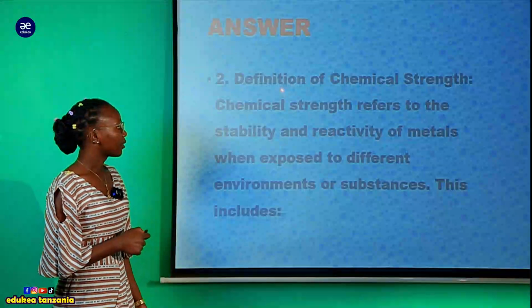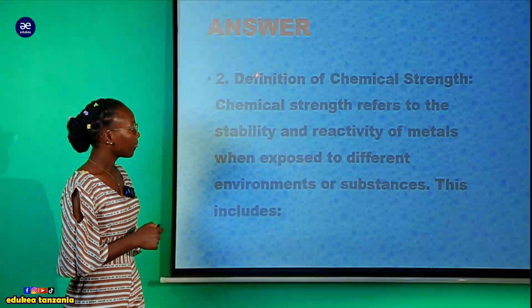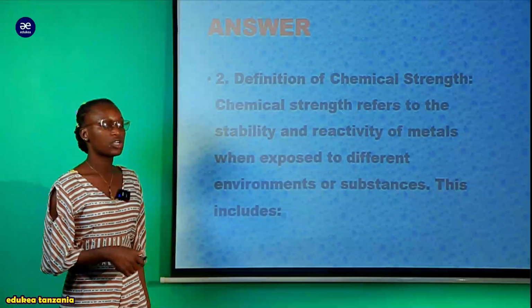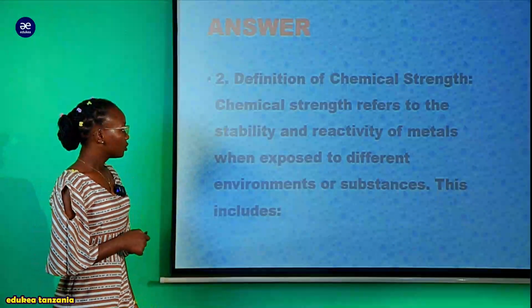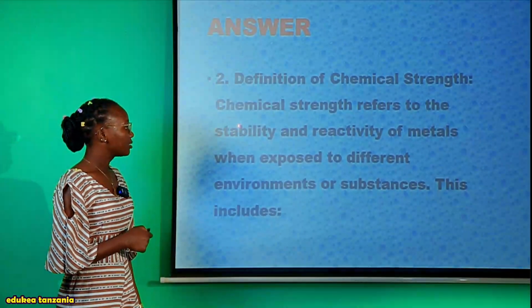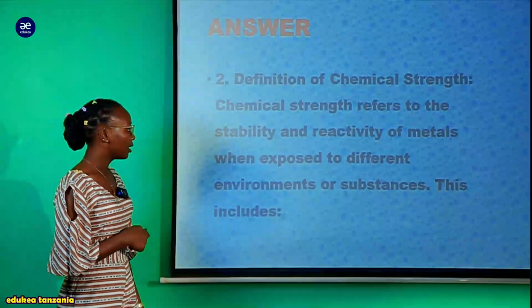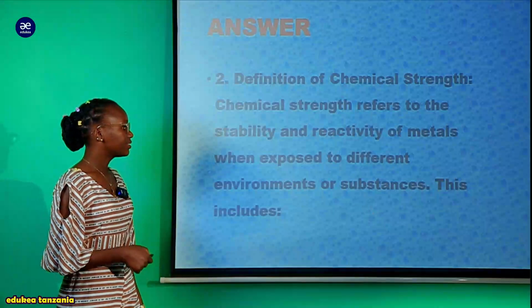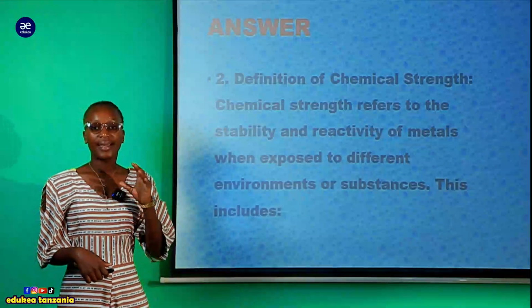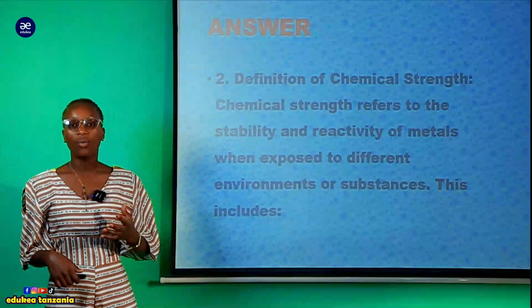Kwa hiyo tuone sasa katika this definition of chemical strength tushaona kuhusiana na physical, sasa tuone katika chemical. So chemical strengths refer to the stability and reactivity of metals when exposed to different environments or substances. This include the following. Kwa hiyo katika chemical strength tunaangalia ule uwezo wa metal.